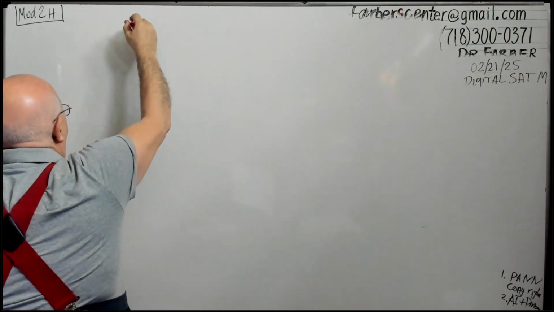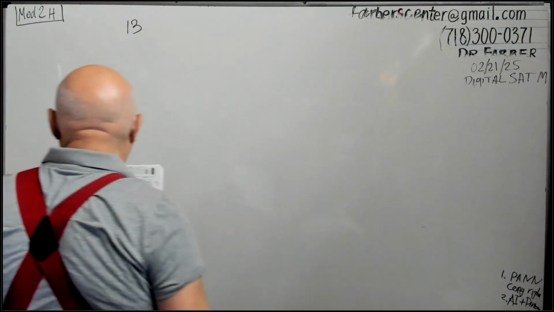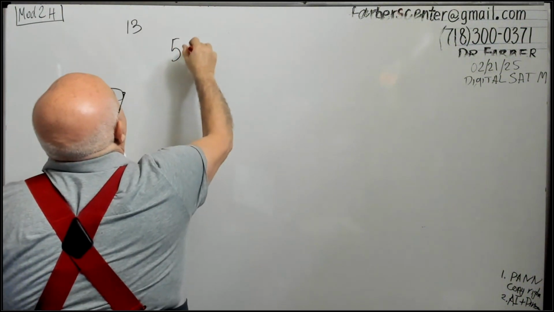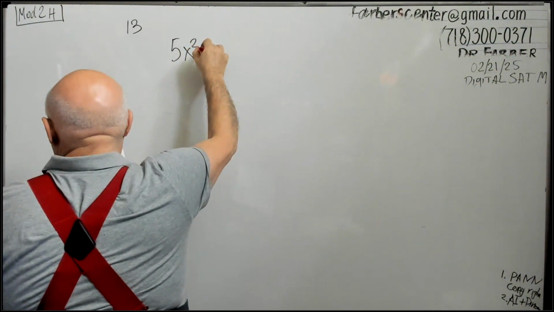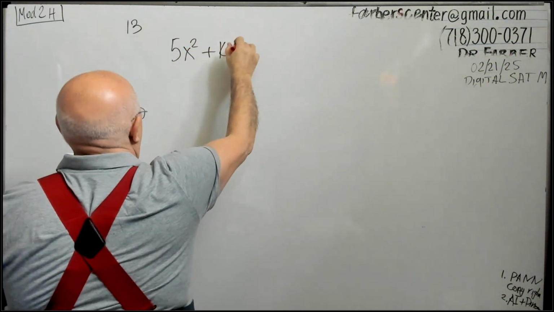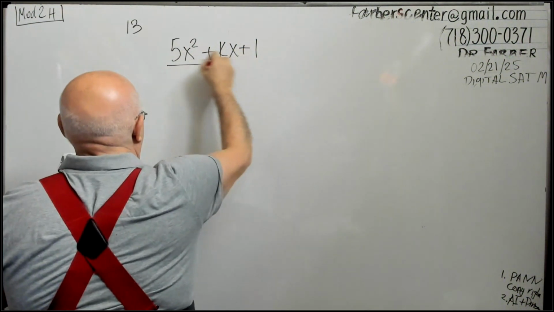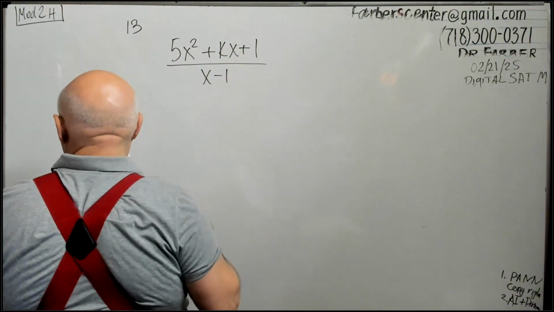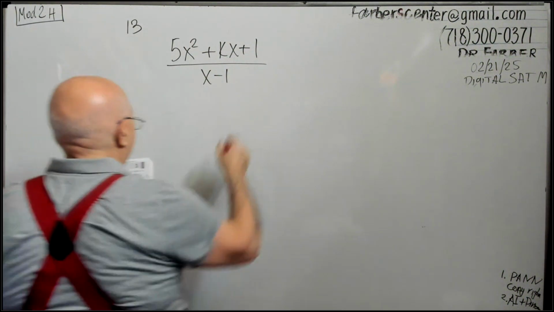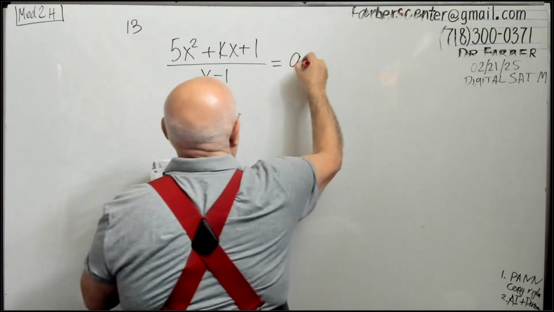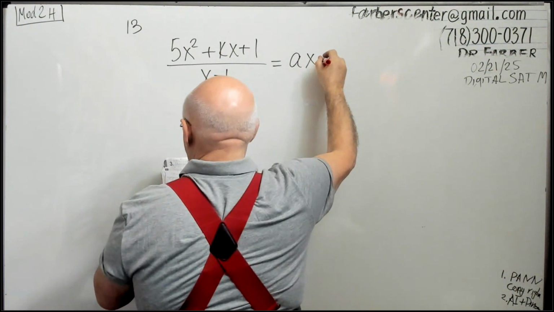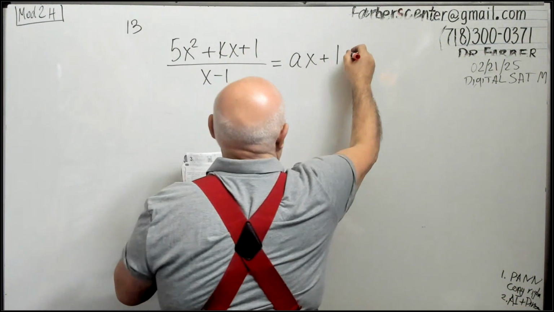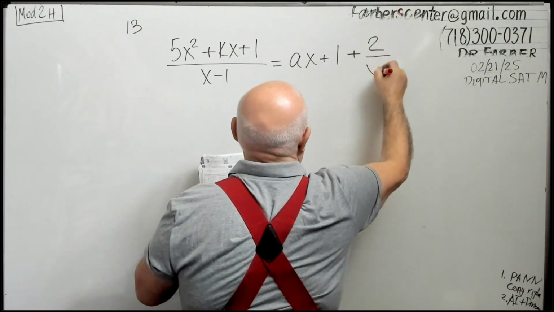In 13, we have (5x squared plus kx plus 1) divided by (x minus 1) equals ax plus 1 plus 2 divided by (x minus 1).